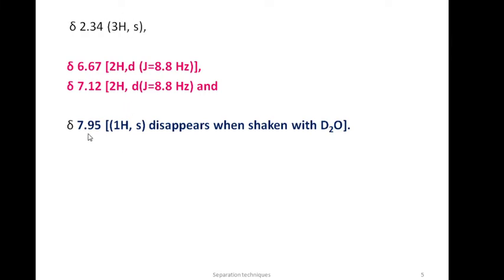Okay. So we have another peak here, 7.95, corresponding to 1 proton, and it is a singlet. It disappears when shaken with D2O, which means it is an exchangeable proton, right? Now you have to recall under what circumstances a proton gets exchanged. There are 2 types of functional groups in which proton exchange can easily occur.